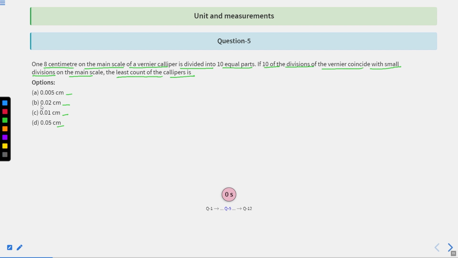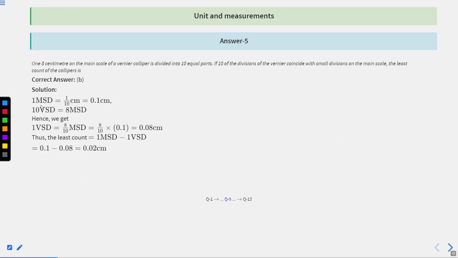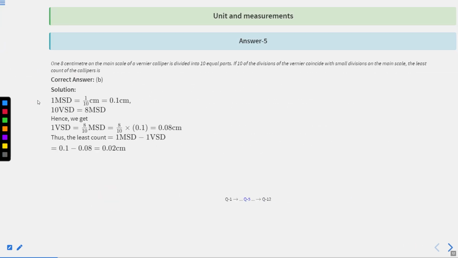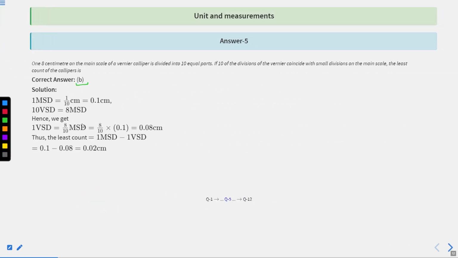Let's find a solution. The correct answer is B. This is the method to calculate the answer. 1 MSD equals 1 by 10 centimeter, which is 0.1 centimeter, and 10 VSD equals 8 MSD.